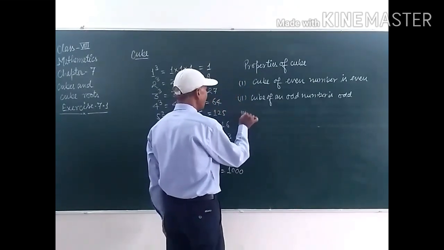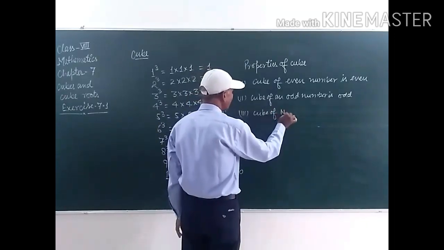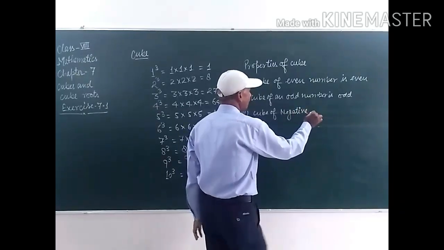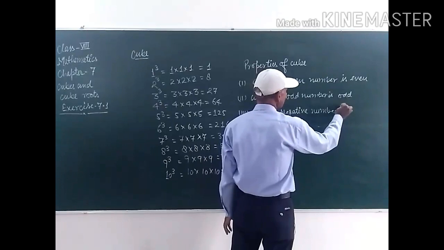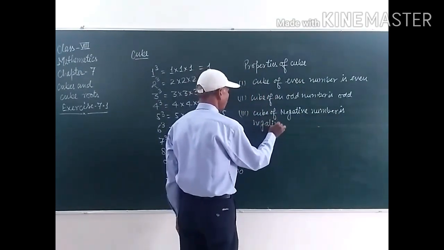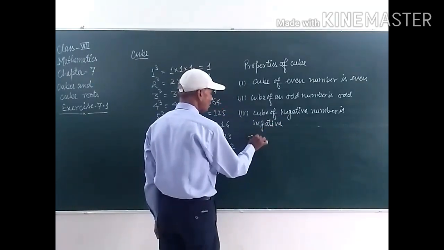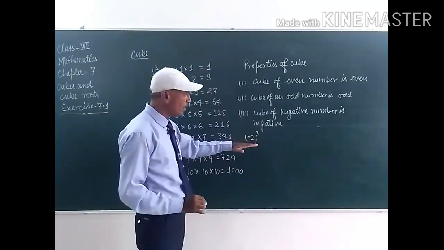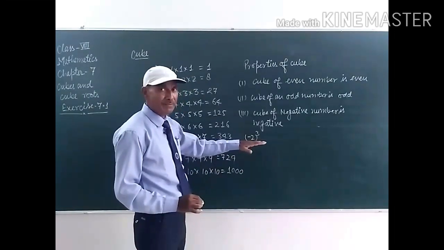And the third property is that the cube of a negative number is negative student. Cube of a negative number is negative. It means student, if we take here minus 2 cubed, this one is a negative number student. So we have to multiply this negative number by itself 3 times.